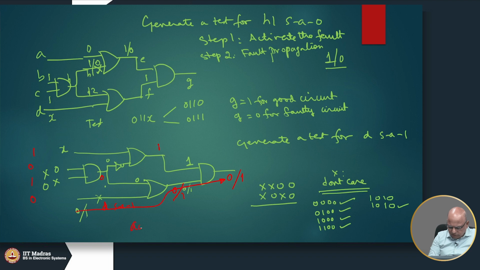So, we have activated and propagated the fault to an output. If there are multiple outputs, then we have a choice, we can propagate it to any one of the outputs.